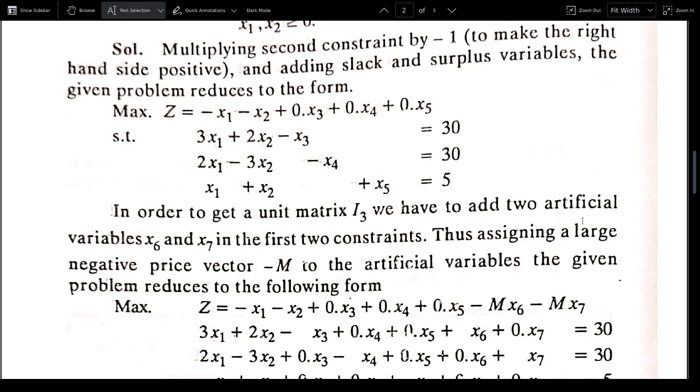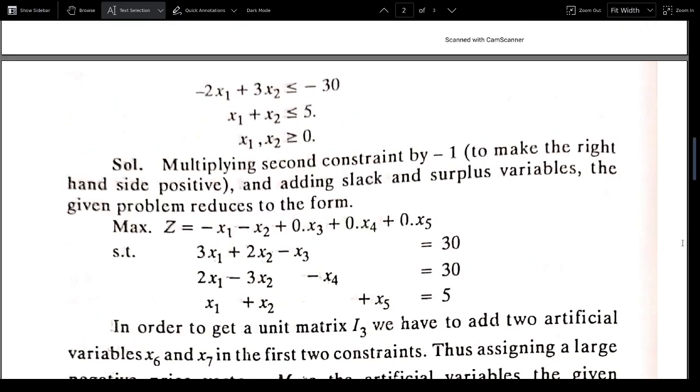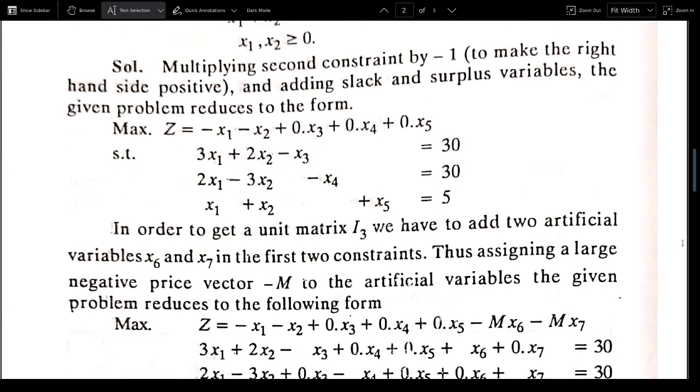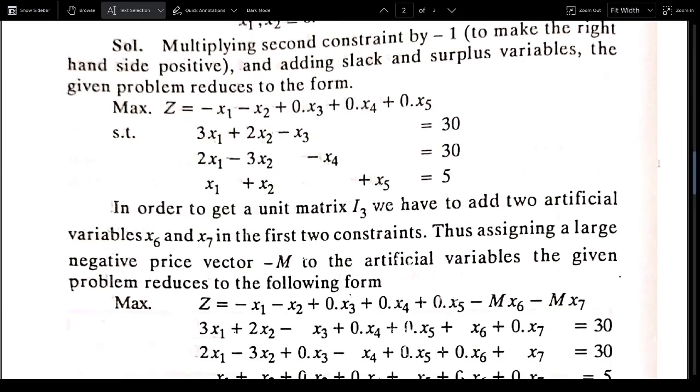For using the simplex method, first you see whether the objective function is maximization or minimization. If maximization, no problem. If minimization, then you convert it into maximization. Second, the constant term of each constraint should be positive, right?